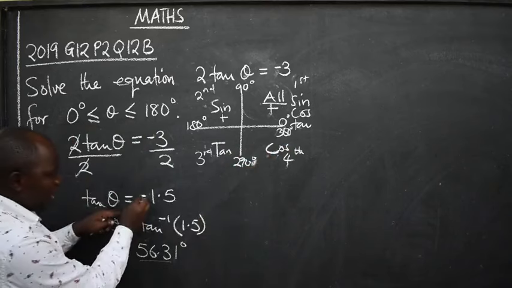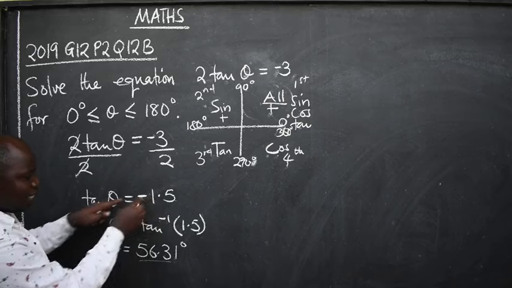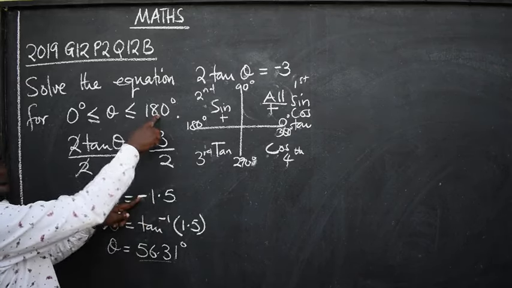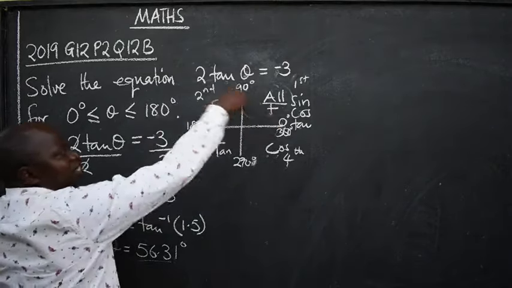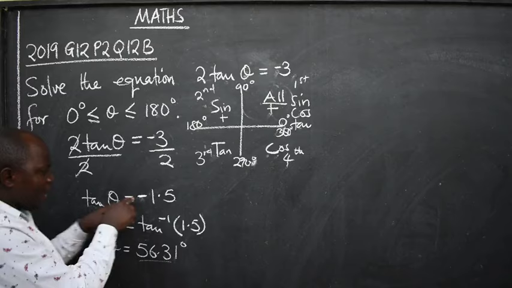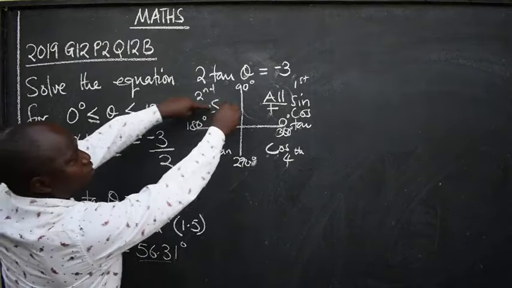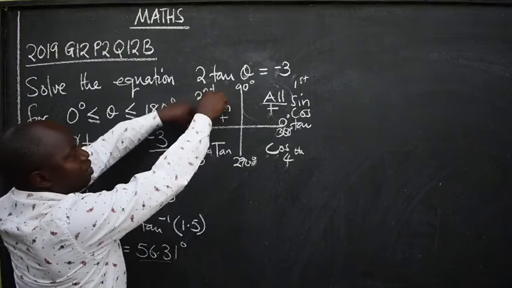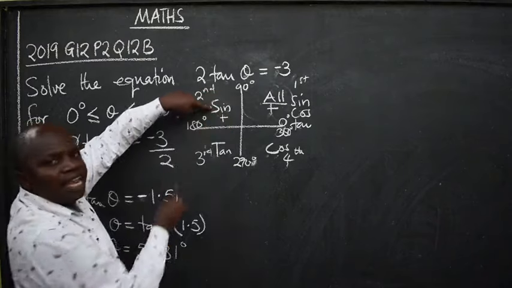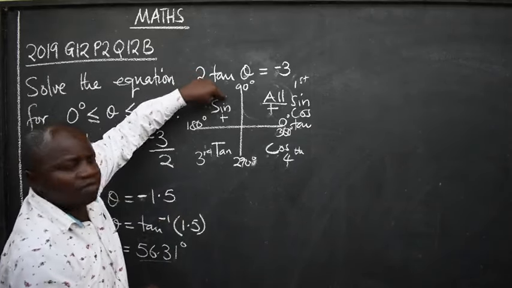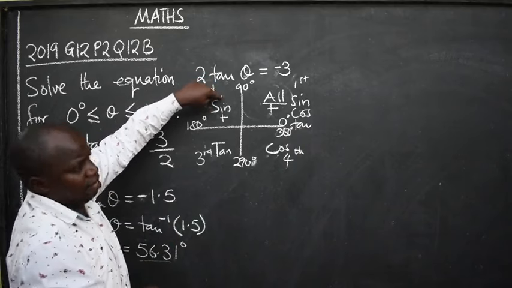Now we want where tan is negative. Within this range, is it the first, second, third, or fourth quadrant where tan is negative? You can agree with me that tan is negative here in the second quadrant, because here only sine is positive, meaning tan is negative. Cos is also negative.